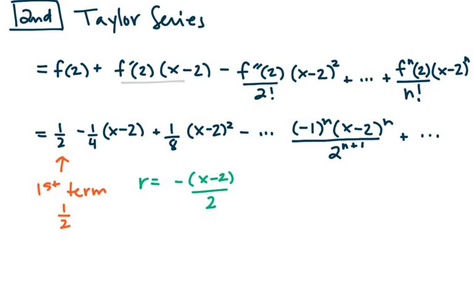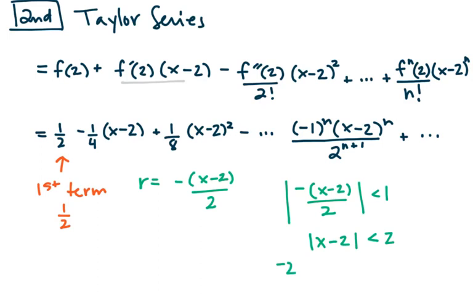So I'm going to say negative x minus 2 over 2 in absolute value needs to be less than 1. Simplifying that, I can get rid of the negative, multiply by 2 on both sides. I have absolute value of x minus 2 less than 2. So negative 2 less than x minus 2 less than 2, or that x is between 0 and 4.